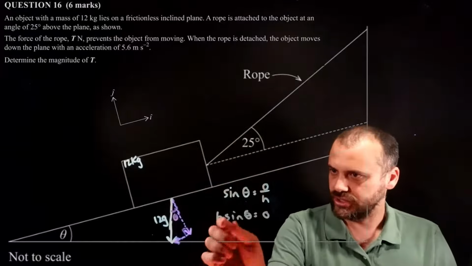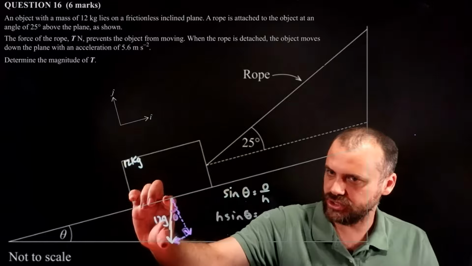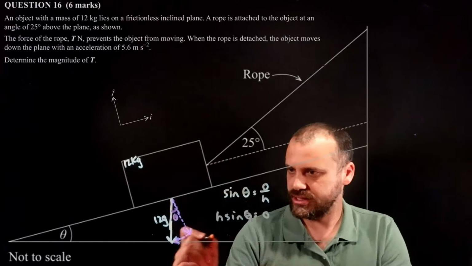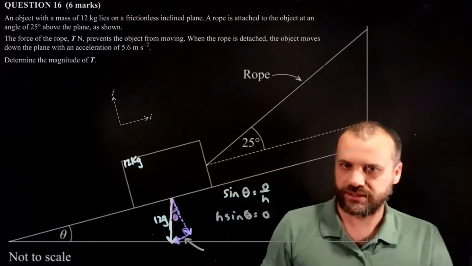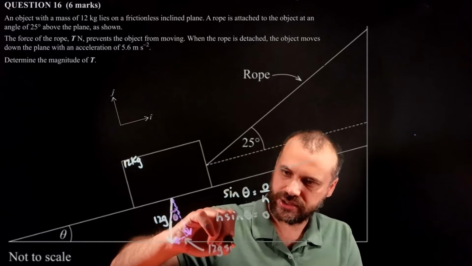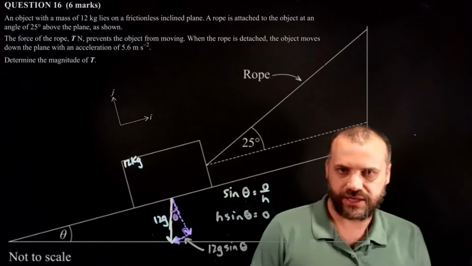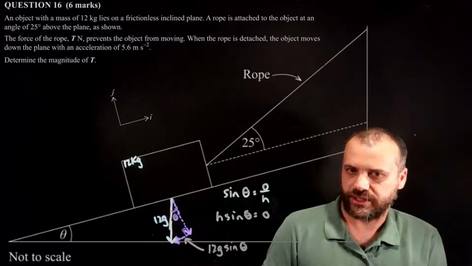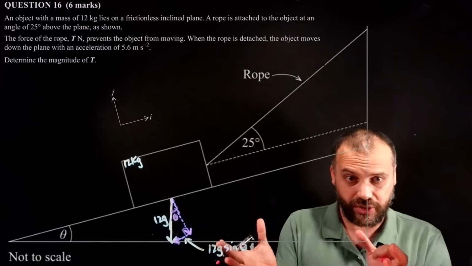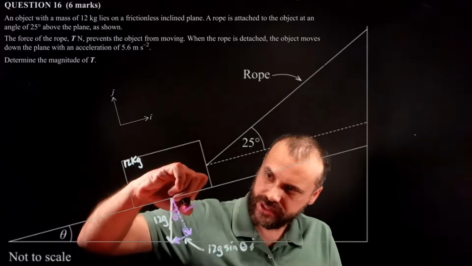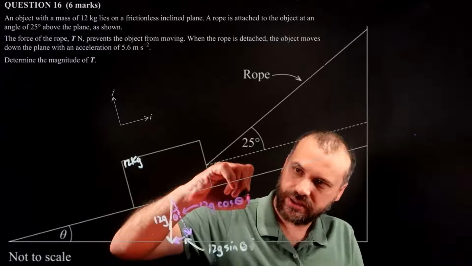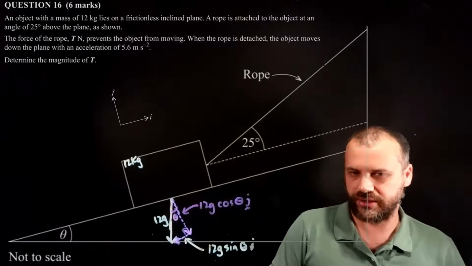Now h is the magnitude of this here, which is 12g, which means that this vector right here is 12g sine theta. 12g sine theta i in the i direction. For similar reasons, this is going to be 12g cos theta in the j direction.